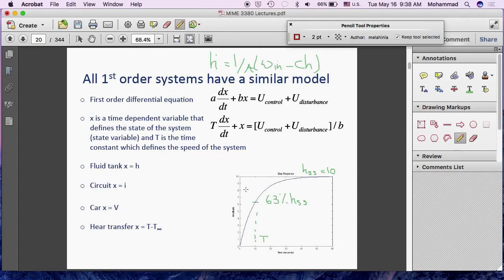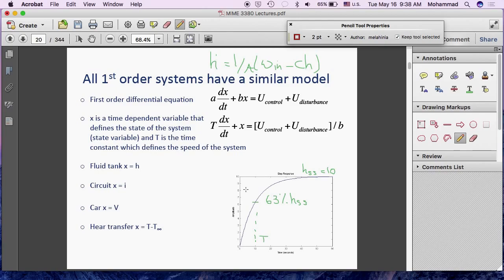So for the fluid flow tank, if you're talking about a big reservoir, what is a disturbance? We have, for example, a river coming to a reservoir, and we have a way of, I guess, irrigating land downstream. So the output, what physically leaves the system, is known, or we can control it.